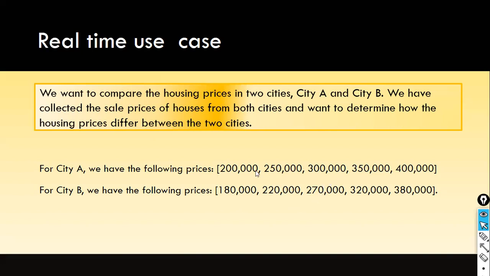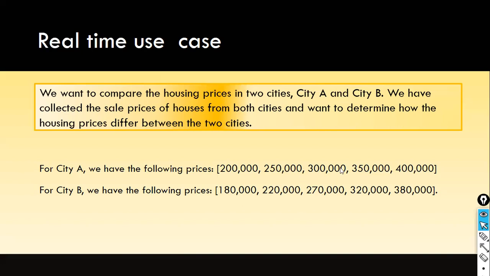It is already in the sorted form, right? The data got sorted. And the second step is you need to find out the percentiles. In this case, we want to find out the 25th percentile, the 50th percentile and the 75th percentile.